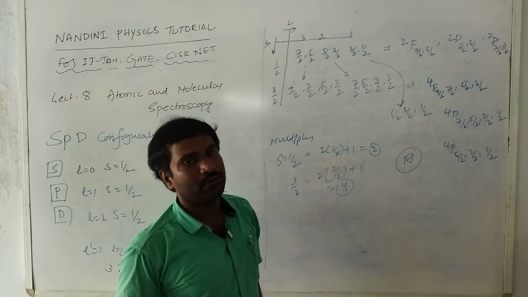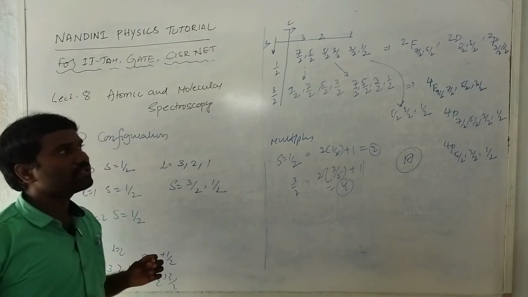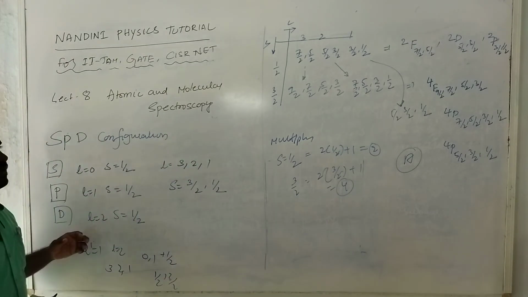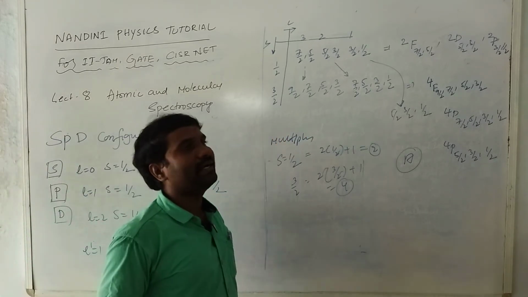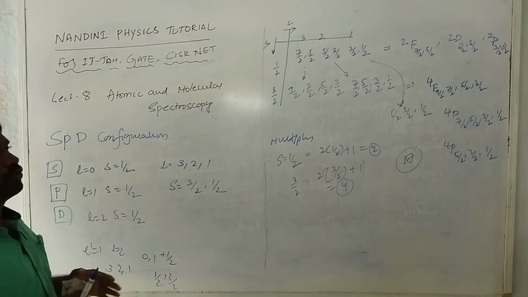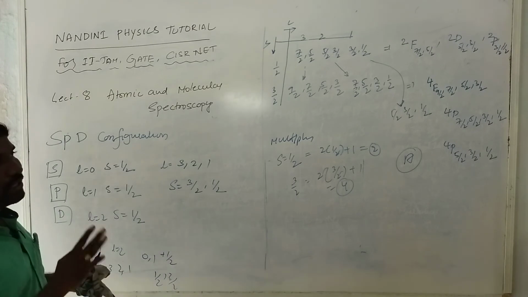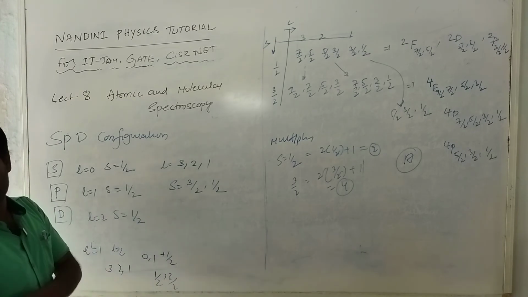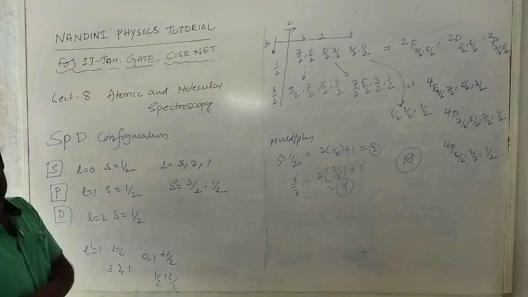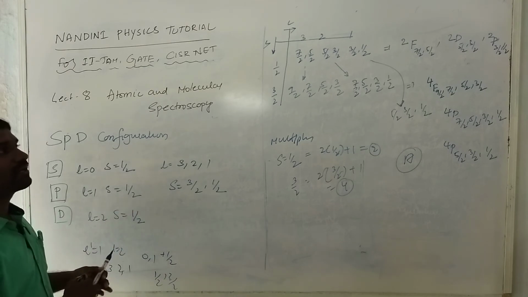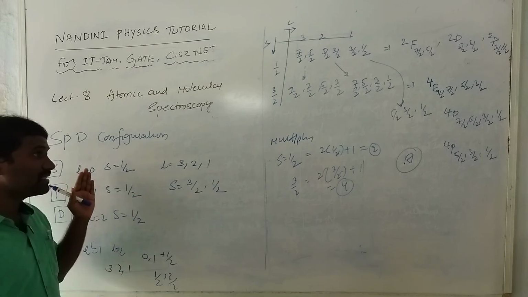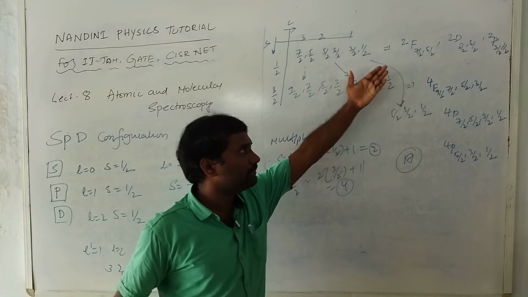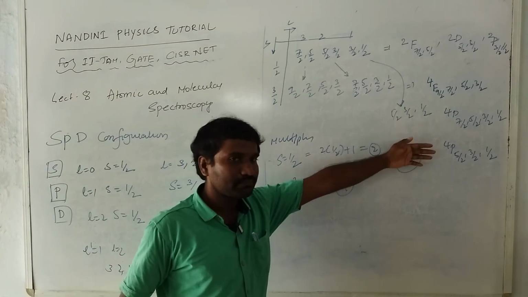Okay, how to find out? So the ground state of this spectral term is identified by Hund's rule. Actually, using Hund's rule, you can identify the ground state, otherwise the lowest energy level is the ground state spectral term. What is the ground state spectral term of these, whatever we obtained up to here.